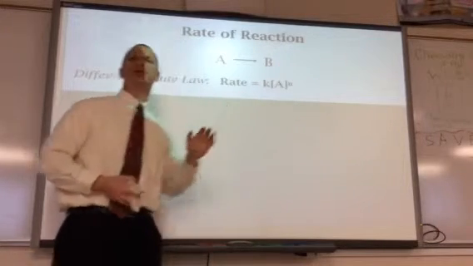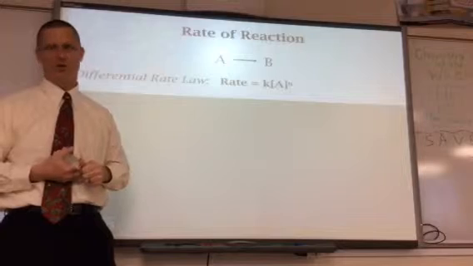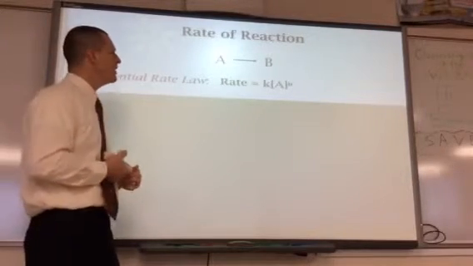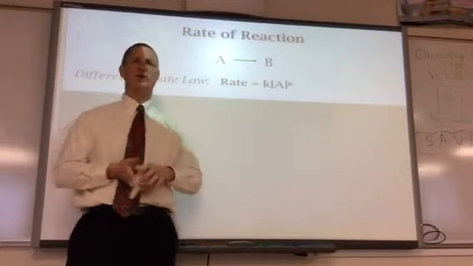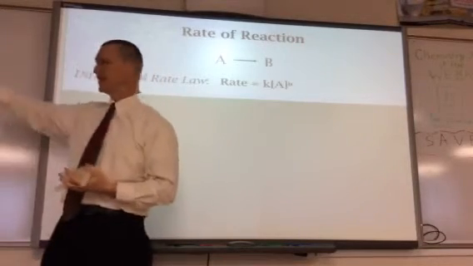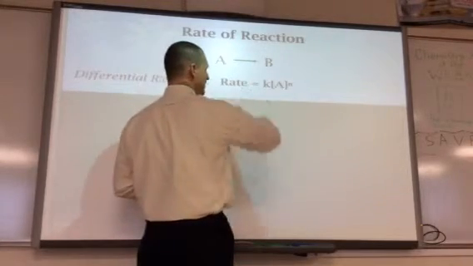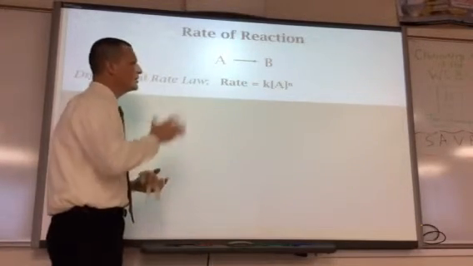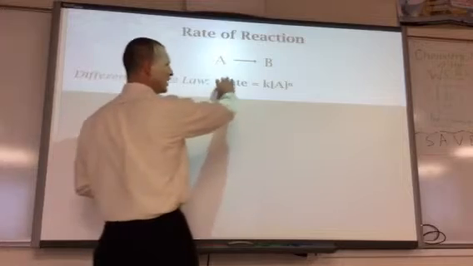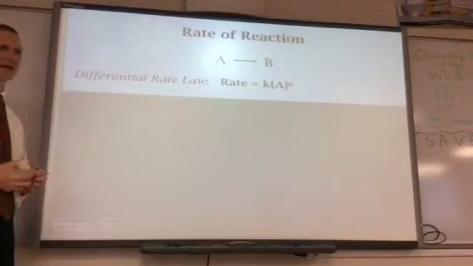The power is going to be called the order of the reactant. It could be 0 order, 1st order, or 2nd order. That's integrated rate law. It looks different when it's in a differential rate law, so just be aware that differential rate law looks like this. You're going to actually see this as we derive something from the integrated rate law.